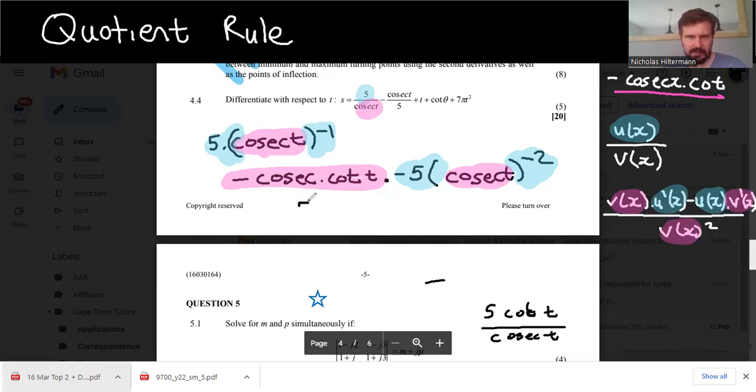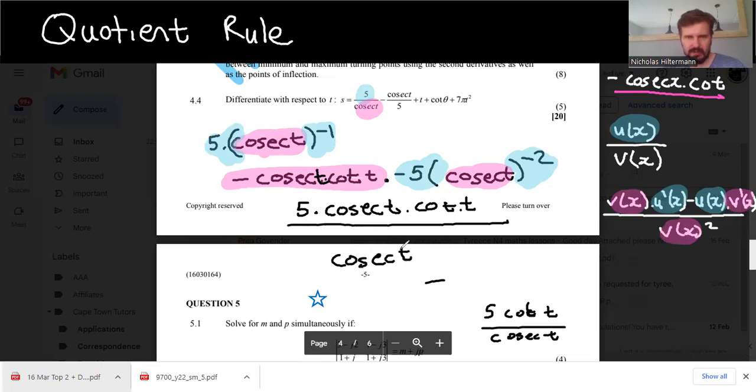So if I tidy this up, I get 5 cosec t, so this should be good, cosec t, cot t over, and this can end up going to the bottom and becoming cosec t squared. And of course I can cancel this cosec with one of these, and I'm left with 5 cot t over cosec t, which is exactly the same as what I got here.